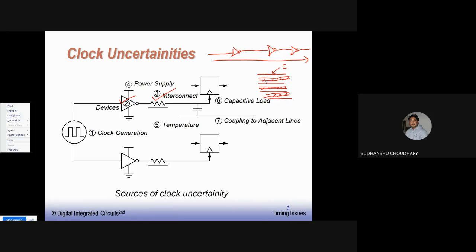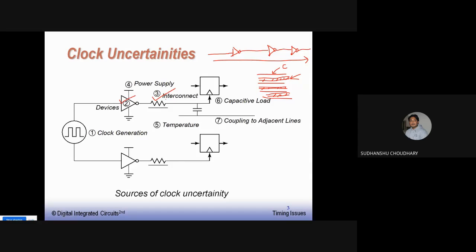Because if you consider the parallel plate capacitance model, you have a wire over some semiconductor, separated by a dielectric. So the capacitance depends upon the thickness of the dielectric, and if the dielectric thickness is different in these layers, obviously the capacitances will also be different. So RC delays will also be different. That means there would be a mismatch in delays because of these interconnects, again because of process variations, that is, the dielectric thickness is not the same. So again, that is a source of clock skew or clock delay.